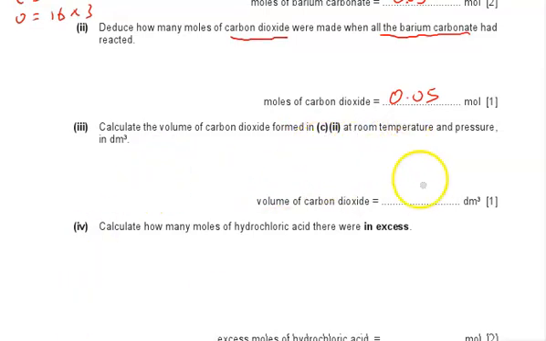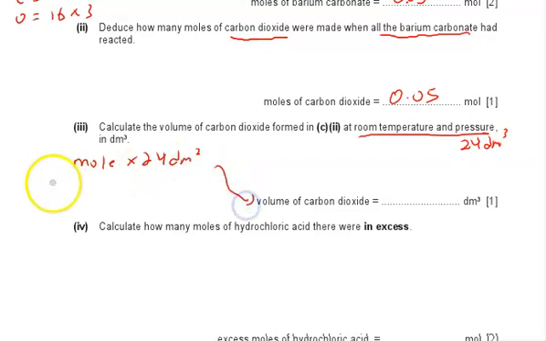At room temperature, the molar volume is 24 dm cube. Mole times 24 dm cube gives the volume. So 0.05 multiplied by 24 gives 1.2 dm cube.